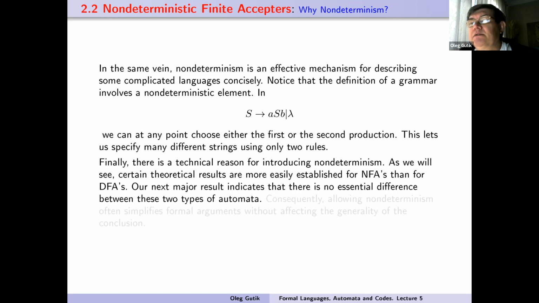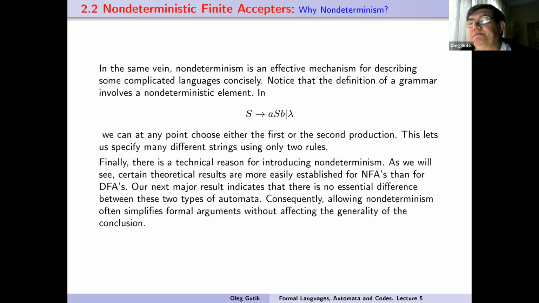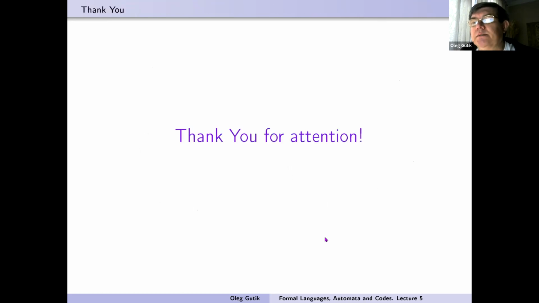Our next major result indicates that there exists no essential difference between these two types of automata. Consequently, allowing non-determinism often simplifies formal arguments without affecting the generality of the conclusion.